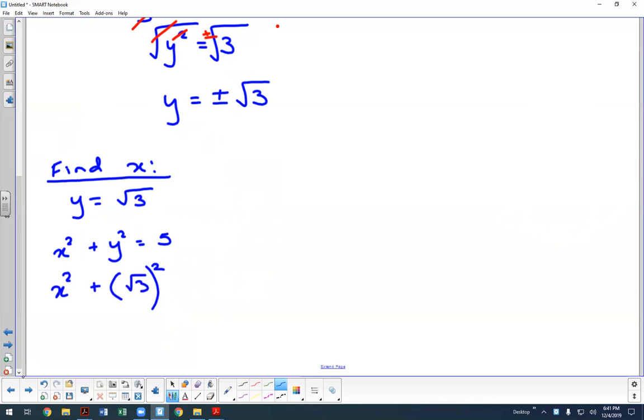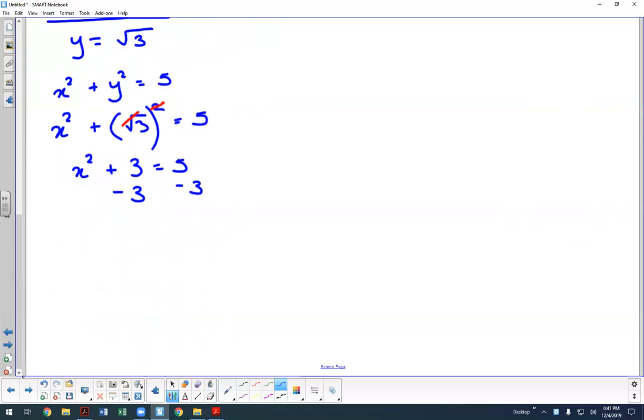And then of course, since we have that square already in there, it actually helps us clean up the square root. So this square will cancel out that square root of 3, leaving us behind with x squared plus 3 equals 5. Go ahead and move that 3 to the other side.